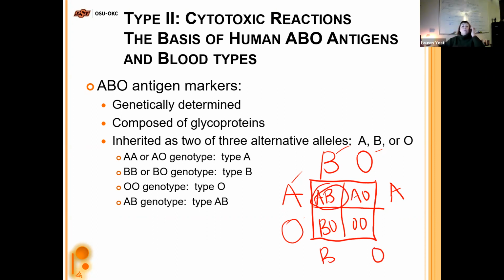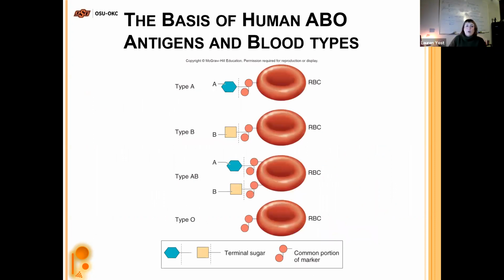So these are the blood types you can have: AB, A, B, and O. So you can have AA, and that would just be A, depending on what your parents were. So you can have 4 different blood types.